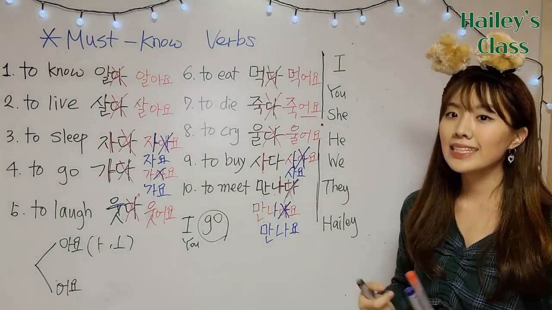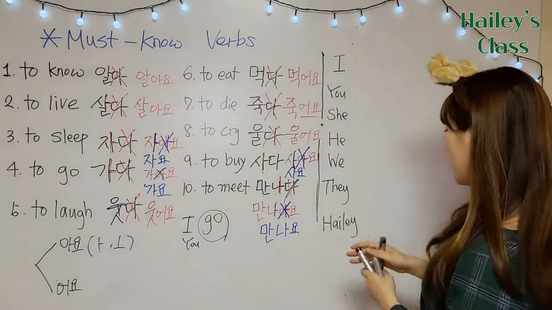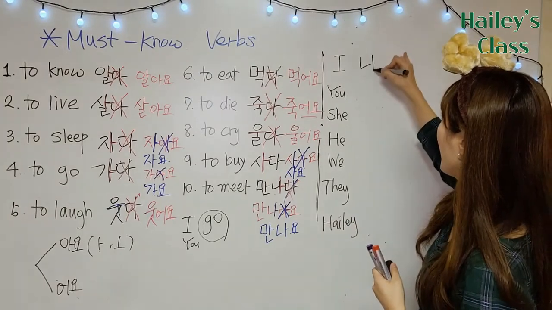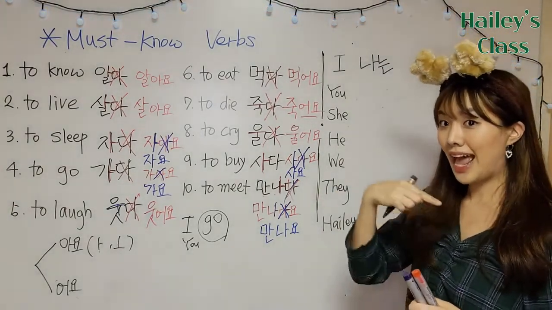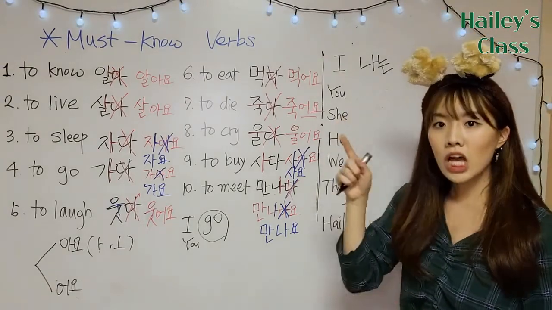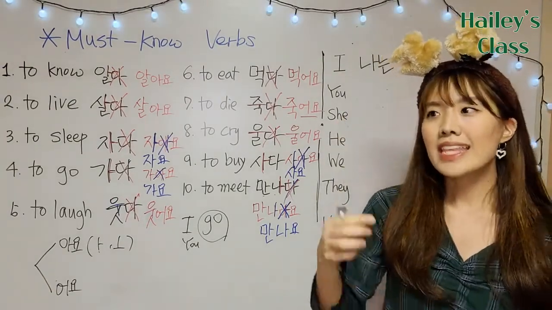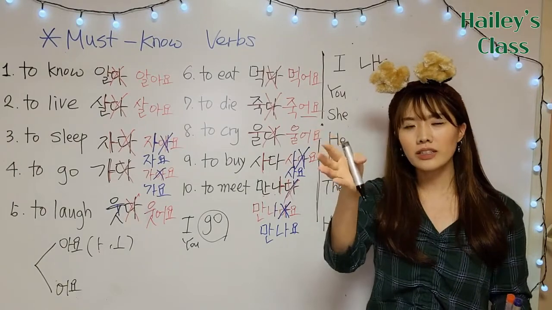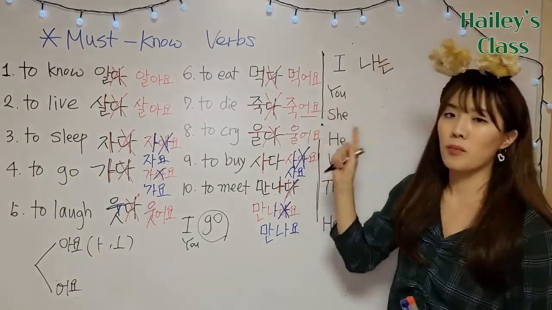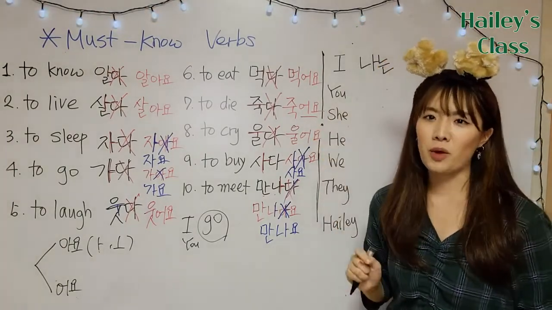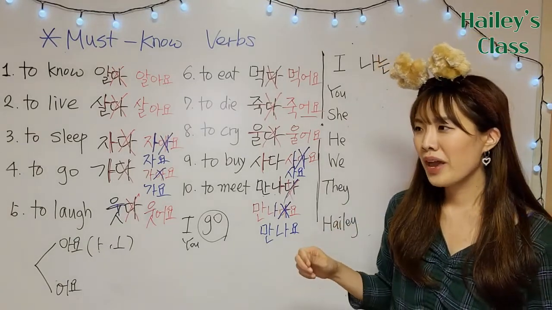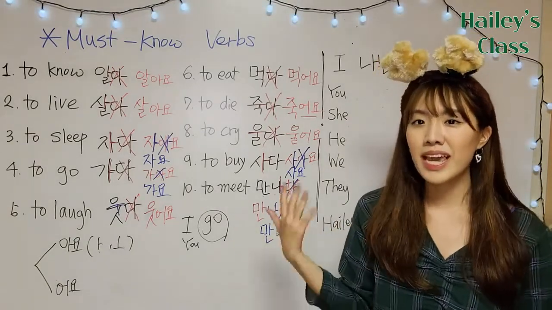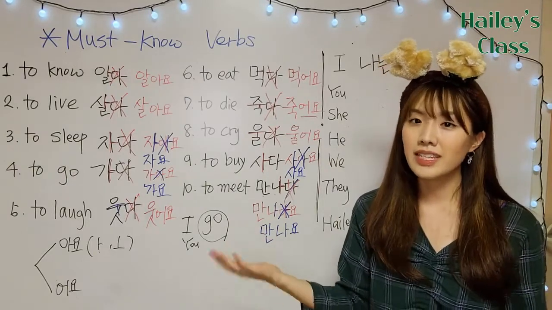So we're going to learn how to say I. I in Korean is 나는. 나는. Okay? And you is 너는. But 나는 is okay, while 너는 is informal. So we cannot say you to a teacher. In English, it's the same, right? You.